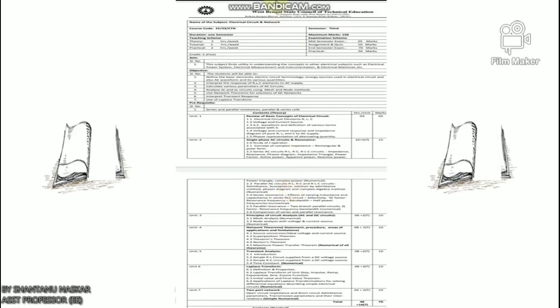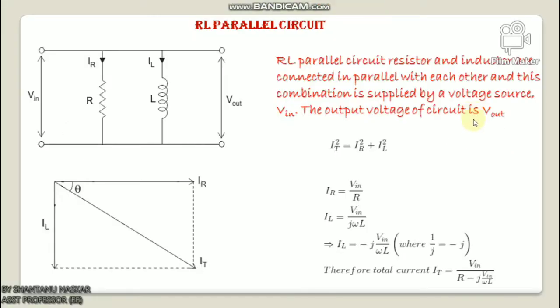Okay, so let's start. Let us talk about the RL parallel circuit. In an RL parallel circuit, a resistor and an inductor are connected in parallel with each other, and this combination is supplied by a voltage source V in. The output voltage of the circuit is V out. Since the resistor and inductor are connected in parallel, the input voltage equals the output voltage, that means V in equals V out.